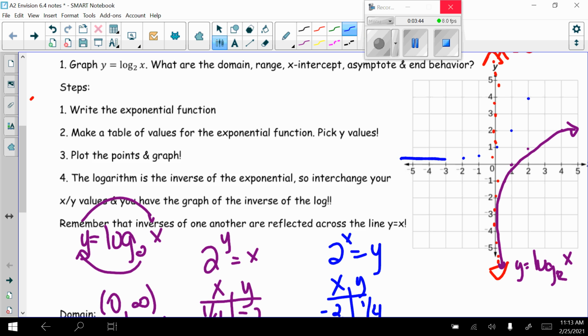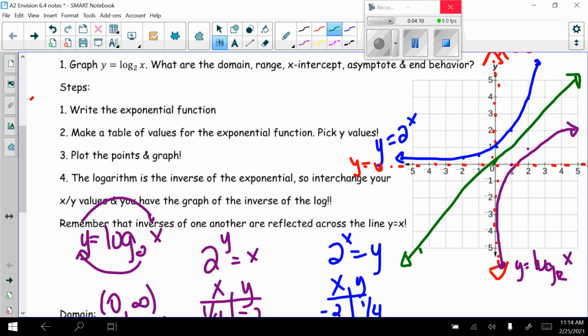And remember here, this is y equals 2 to the x. Exponentials, that one would have had an asymptote of y equals 0. Then it also reminds us that all inverses are reflected across the line y equals x. So I'm going to go ahead and draw that line.